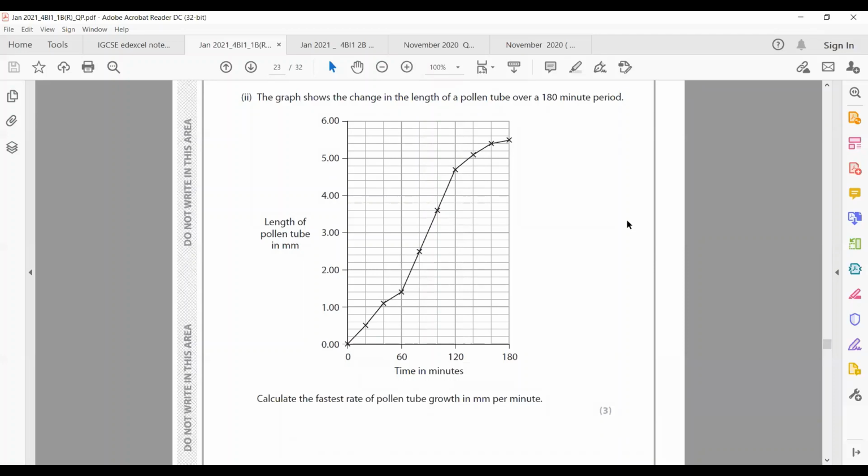Salma, number 2. The graph shows a change in the length of a pollen tube over a 180-minute period. Calculate the fastest rate of pollen tube growth in millimeters per minute. So from 60 to 120. Okay, very good. So what's the rate?